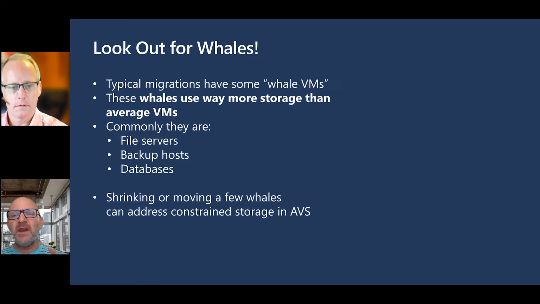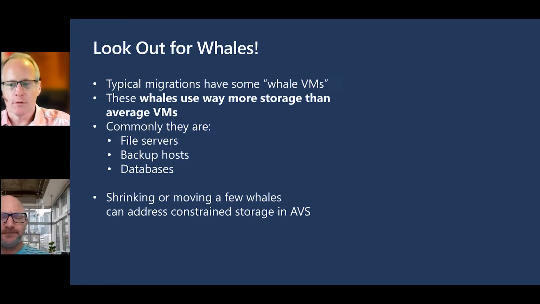Let's try to not have to grow the cluster to support all the data that's being consumed or leveraged by the databases and the file server. Right, because like file servers, probably 80-90% of that data is never going to be accessed again by an end user. So why don't we get it off of there? And we can do that transparently, and we'll show you a couple of strategies to deal with that.